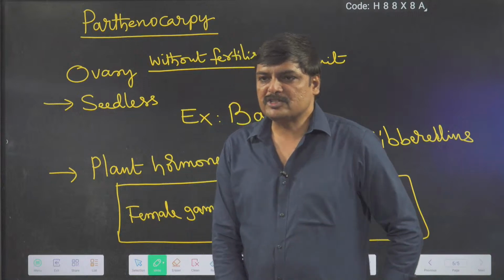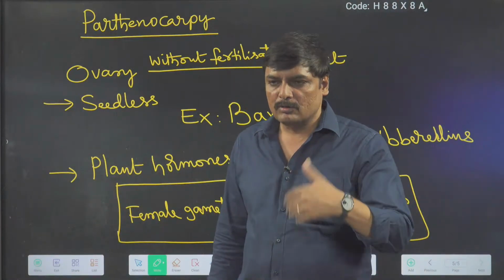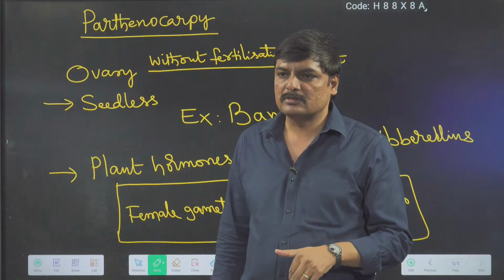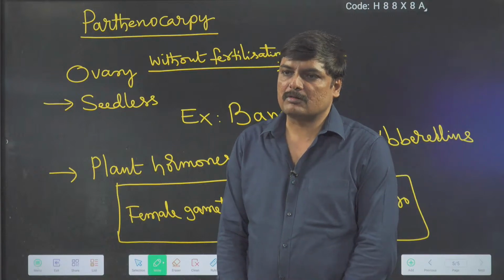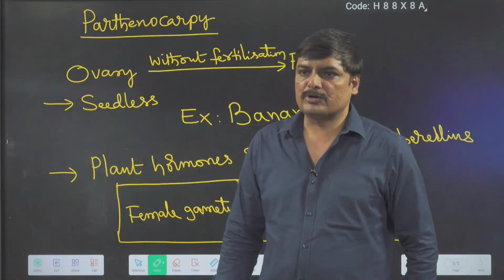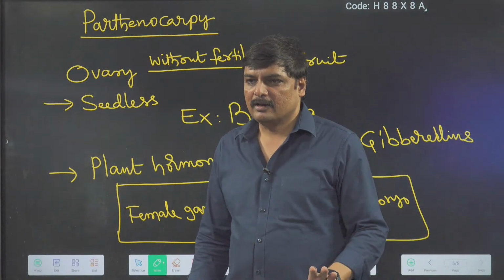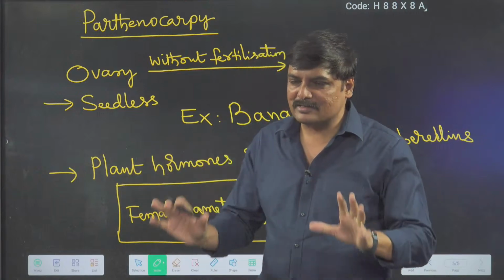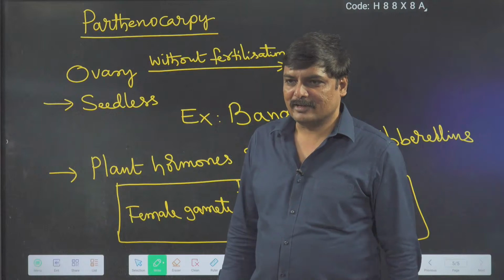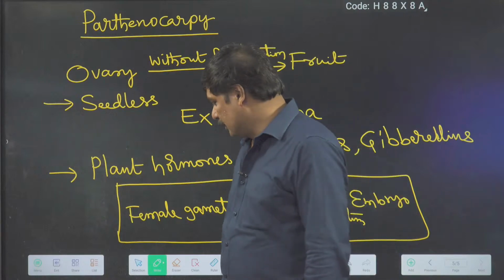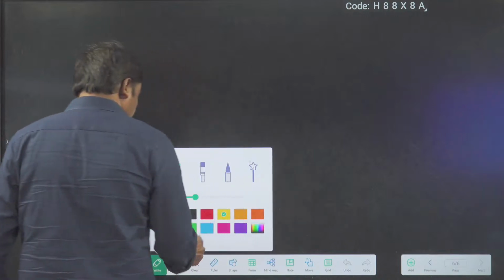So some species produce parthenocarpic fruits. Nowadays, commercially, we are producing seedless fruits by using plant hormones or phytohormones or plant growth regulators, whatever you call. Okay, understand what is fruit. Now let us see how many types of fruits are there.